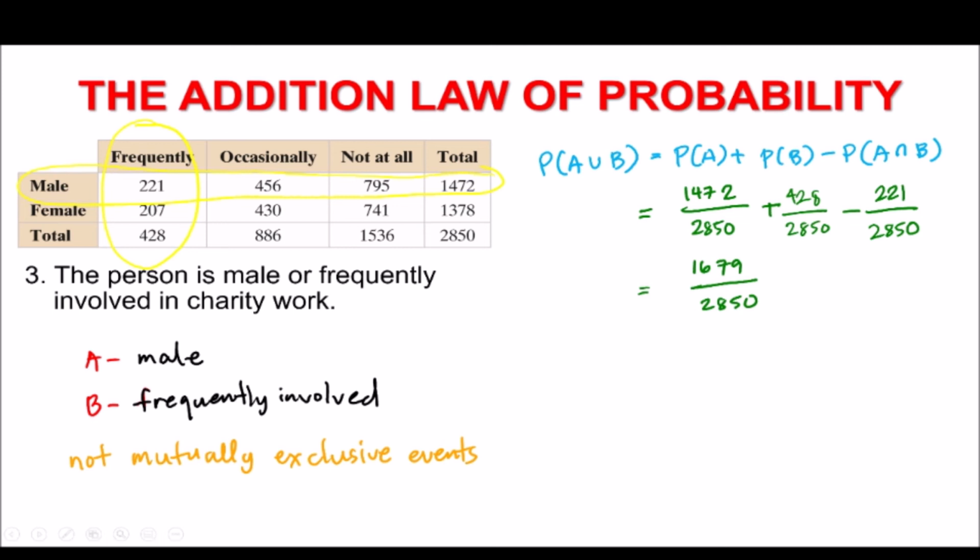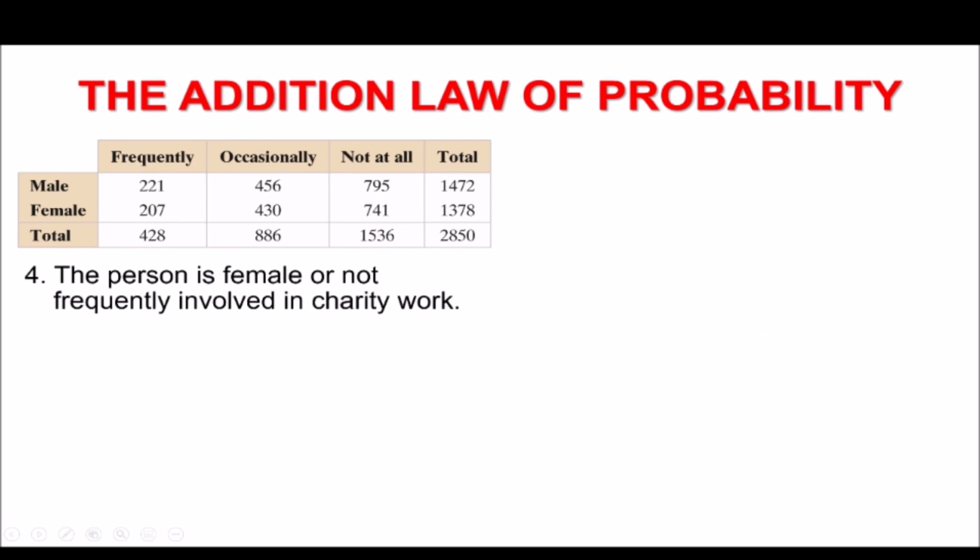Writing it into decimal, the probability that the person is male or frequently involved in charity work is 0.5891.